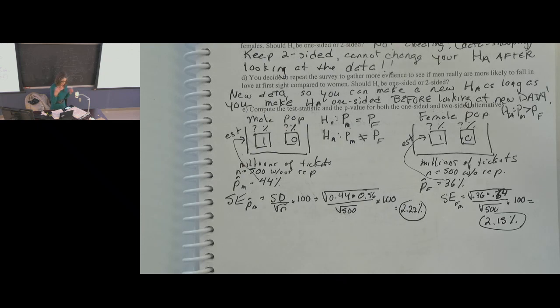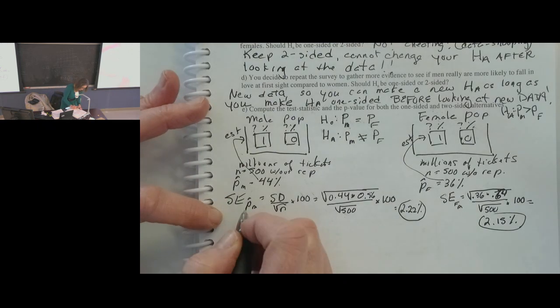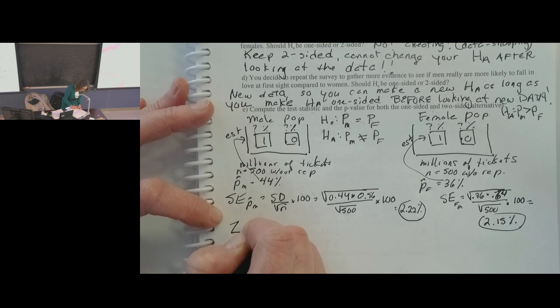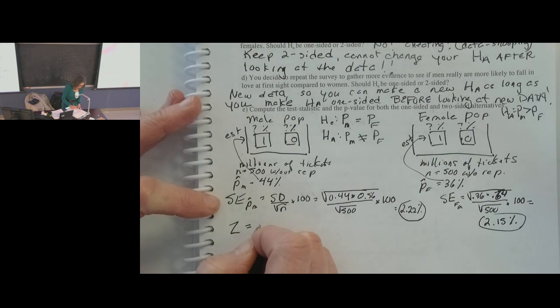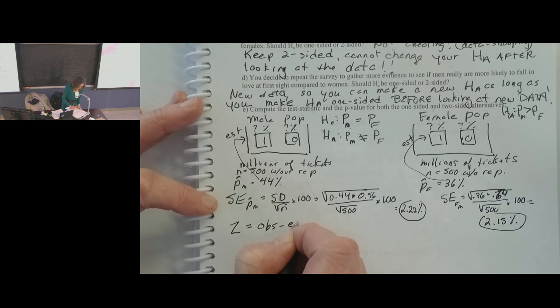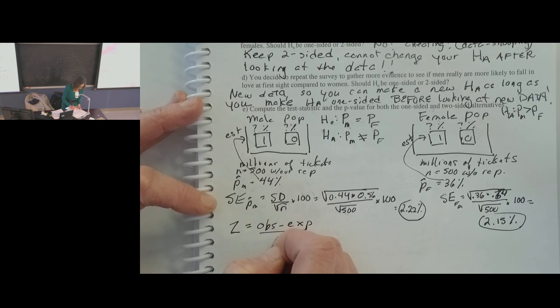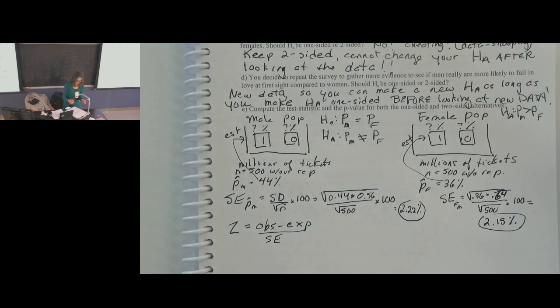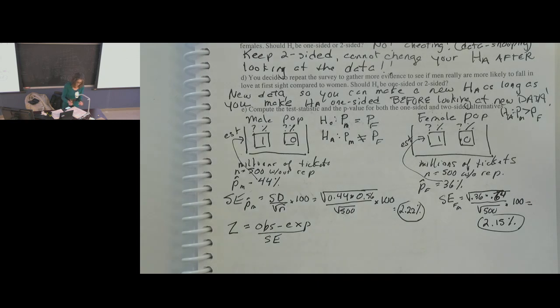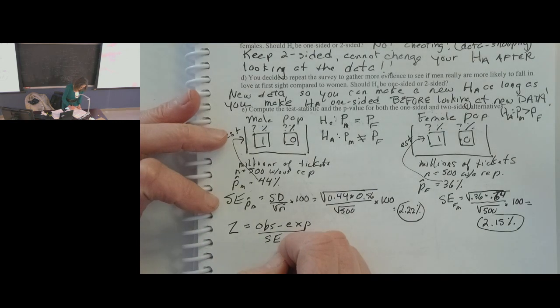All right, so now we remember what our z is. And if you forget, we have a chance process here. So what are you going to think? You're always going to think observed minus expected over some standard error. And what are we looking at? We're looking at differences. So it's the observed difference between the two samples, minus the expected, over the standard error for the difference.